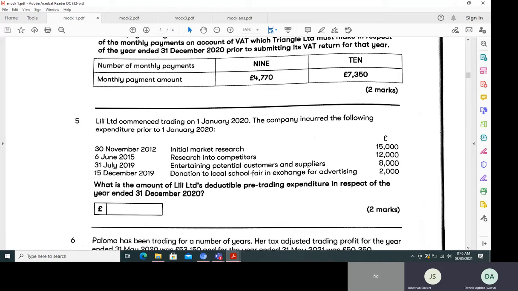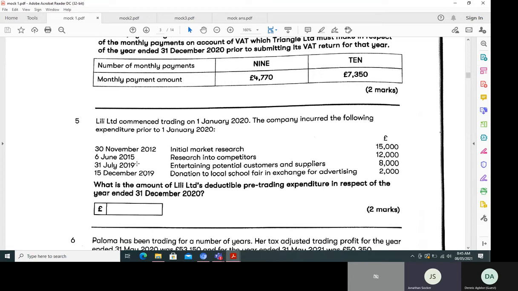This one was before that, so it's outside the 7-year period. Even though market research itself is an allowable expenditure, because we are dealing with pre-trading, the number of years shows that it is outside the interval for pre-trading expenditure. So that's why we will not allow it.